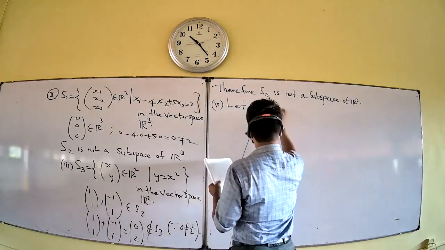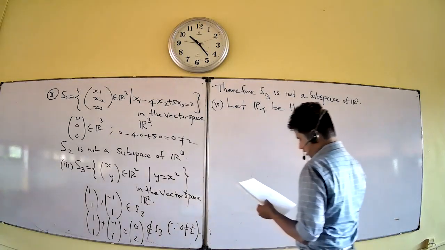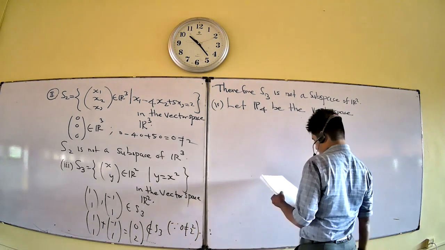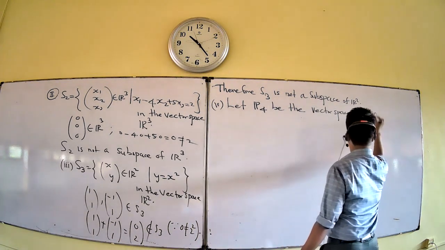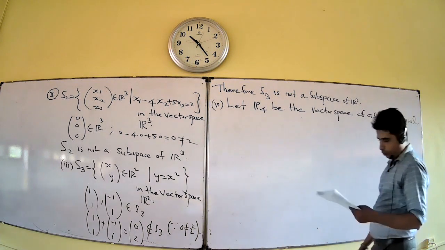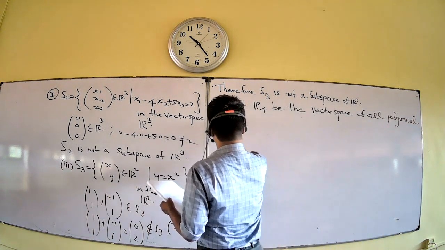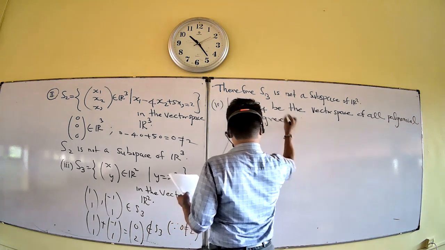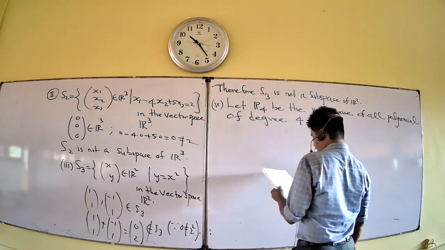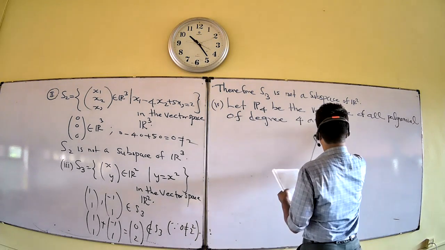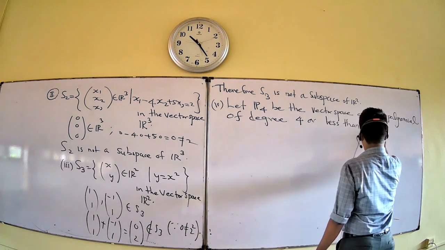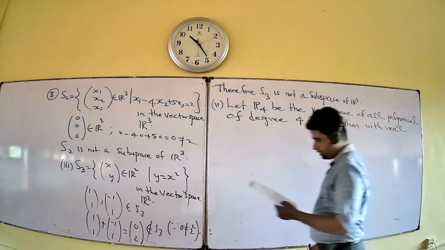So the notation P4 is the vector space, the set of all polynomials of degree 4 or less, with real coefficients.